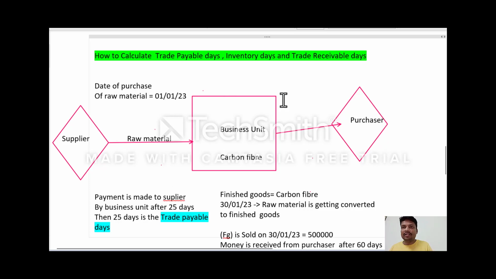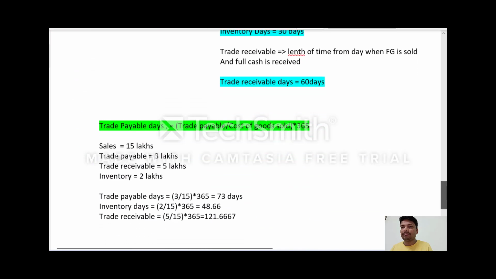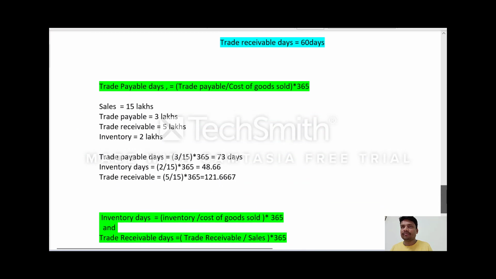Now let's see how we can calculate these values from the balance sheet data. This is the formula for trade payable days: trade payable by cost of goods sold into 365.